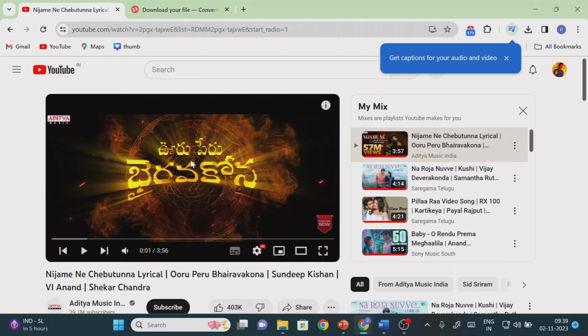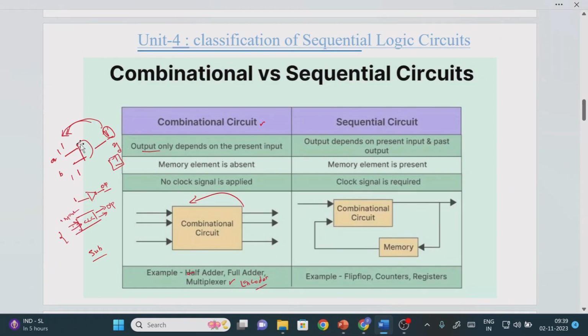Now consider that I don't have the internet connection. Again, if you want to see the same video, you cannot get the information. The reason is that every time you want to get the output, by default we need to pass the input value. It means the combinational logic circuit doesn't have memory operation.